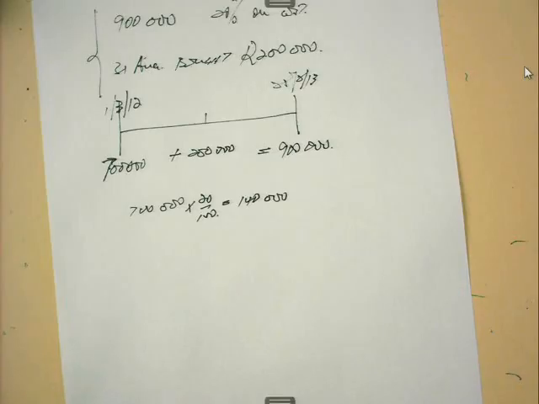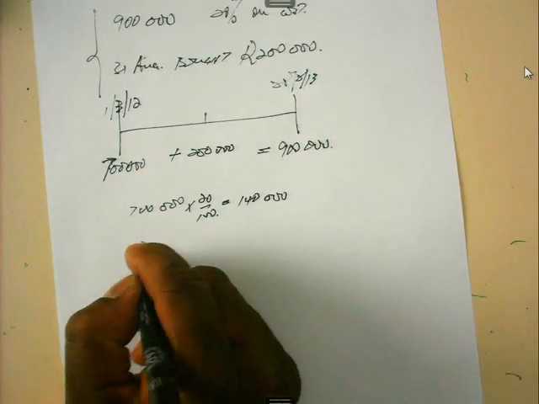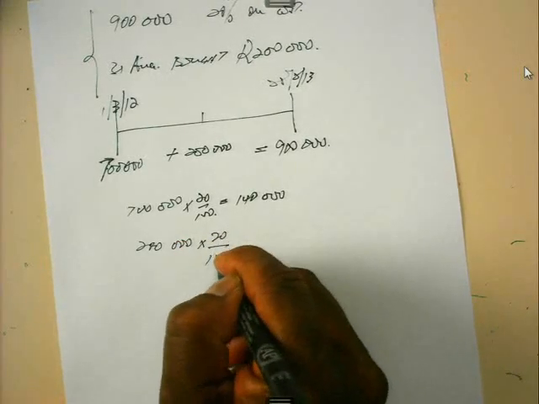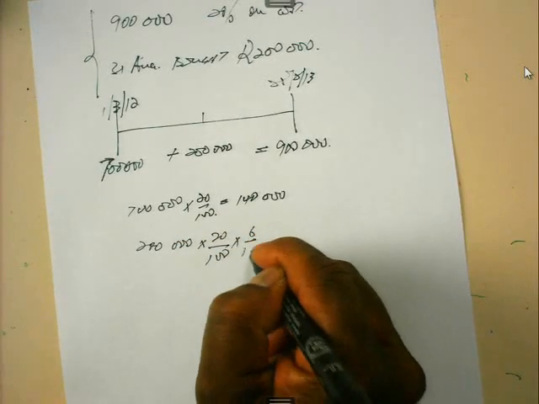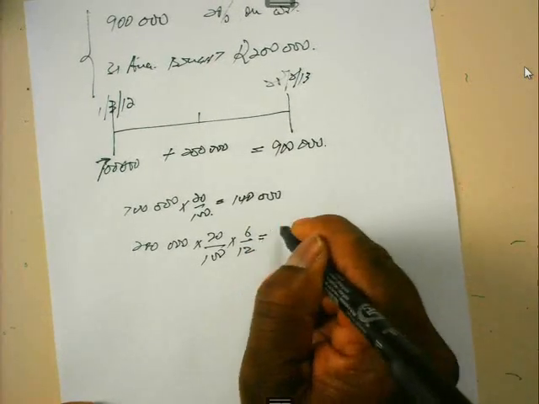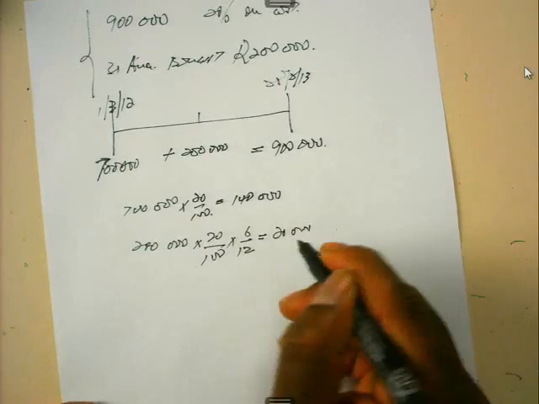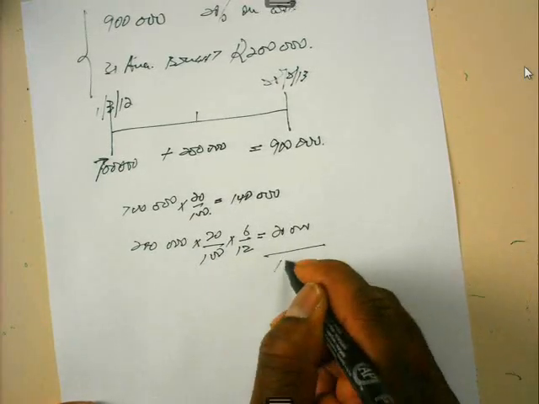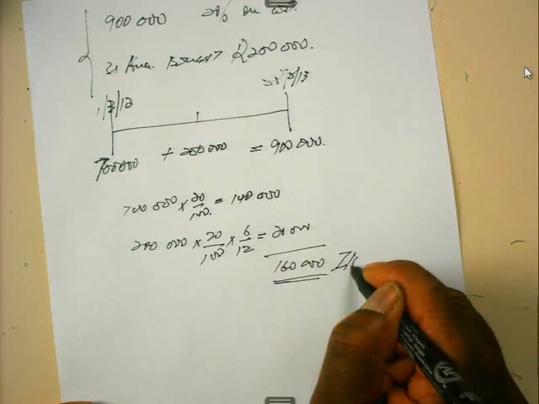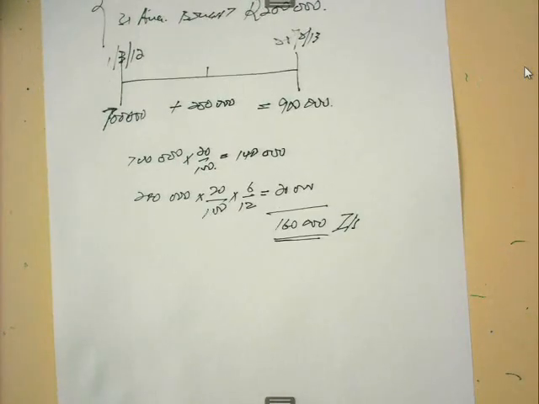Let's count. It's September, October, November, December, January, February. That's 6 months. So you'll have 200,000 times 20% times 6 over 12. That's working proportionally. And that will give you 20,000. And if you add the two, you'll have 160,000 rands. That will go in your income statement under expenses.